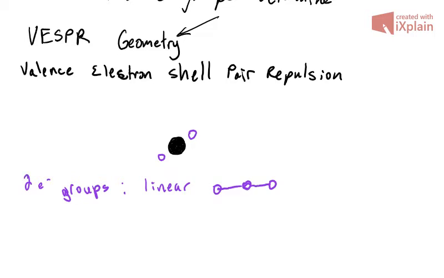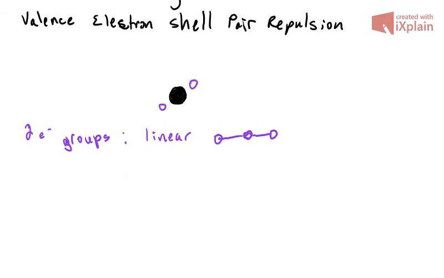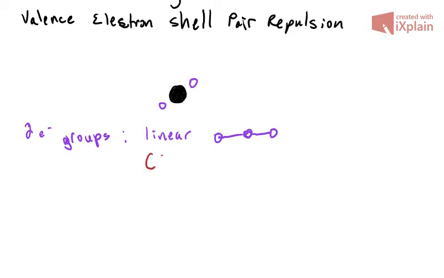So an example of an actual molecule that would have this linear geometry would be our carbon dioxide that we looked at yesterday. This Lewis dot structure looks like so. If we look at our center atom, there are 2 electron groups coming off of it. Okay, there's 2 sets of bonds coming off of it.